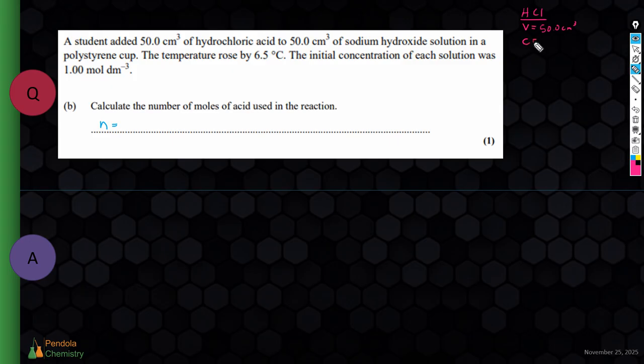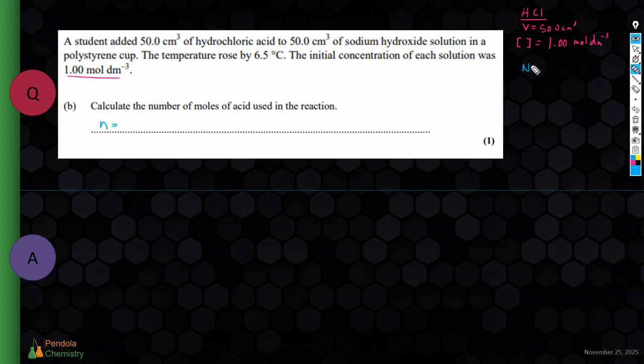And the concentration, we'll put in brackets, that way we don't confuse it with C later on. The initial concentration of each solution was 1 mole per cubic decimeter, so we have 1.00 moles dm to the negative 3 as a concentration.